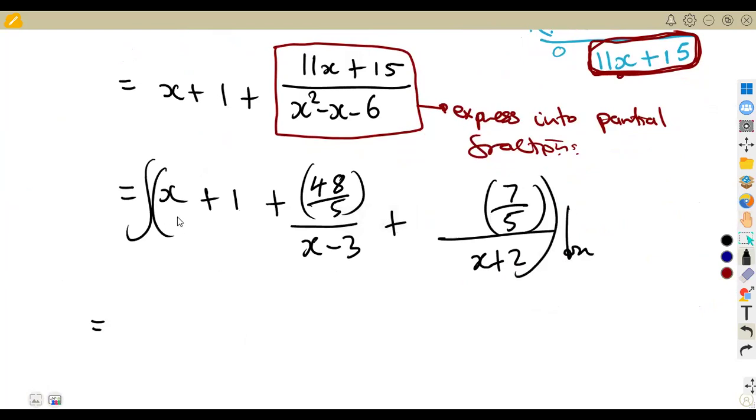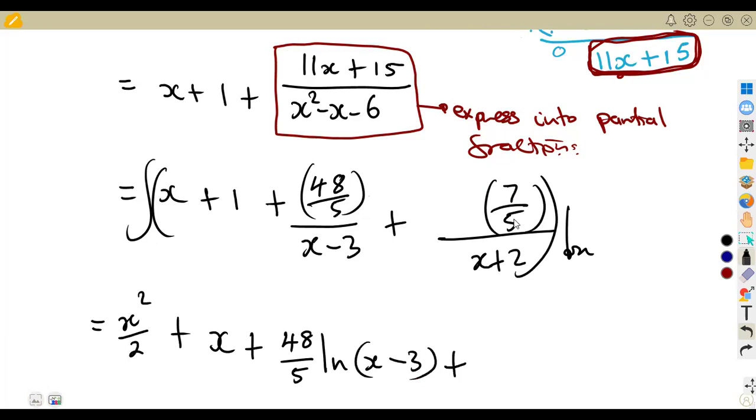As we can see here, x plus 1: the integral of x is x squared over 2, plus the integral of 1 with respect to x, which is x, plus 48 over 5 times the integral of 1 over x minus 3, which is ln of x minus 3, plus 7 over 5 times ln of x plus 2, plus the constant of integration. That's what we are going to have at the end.